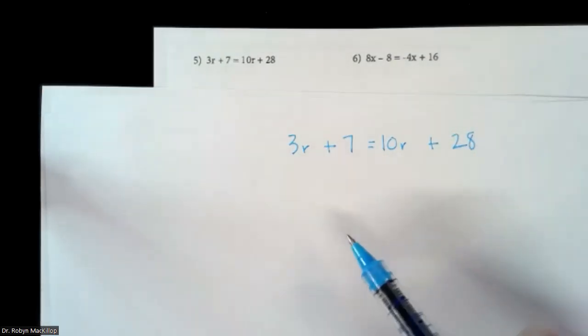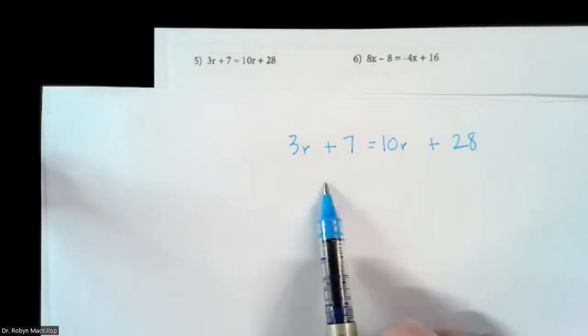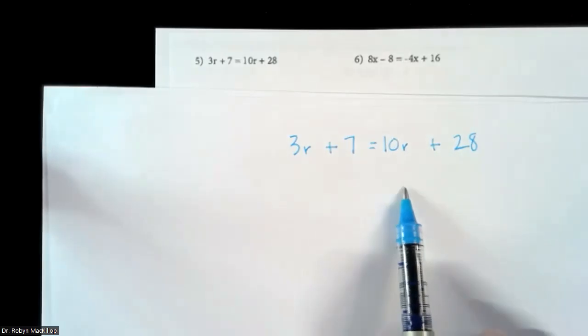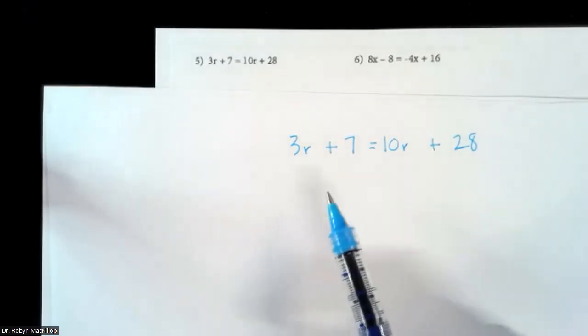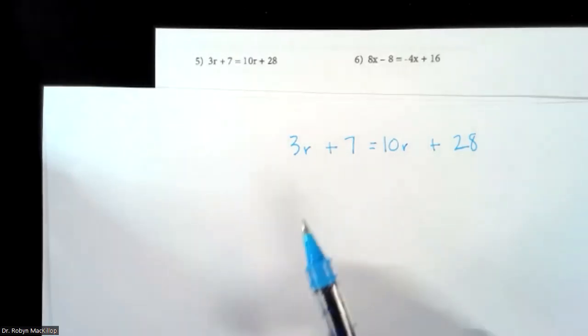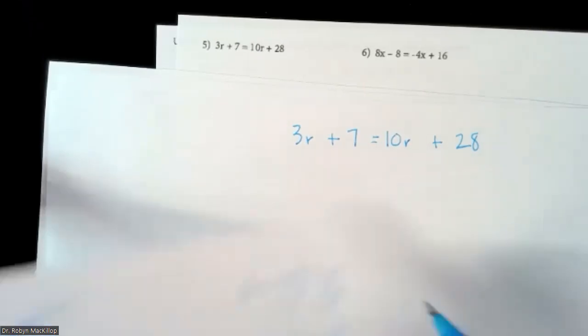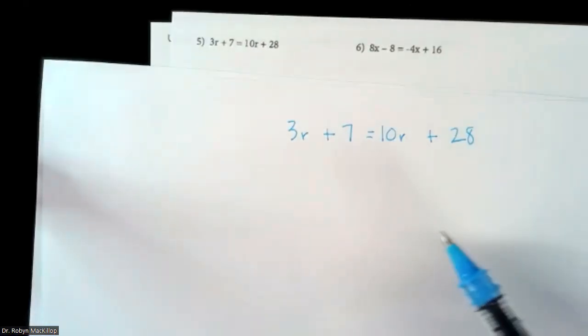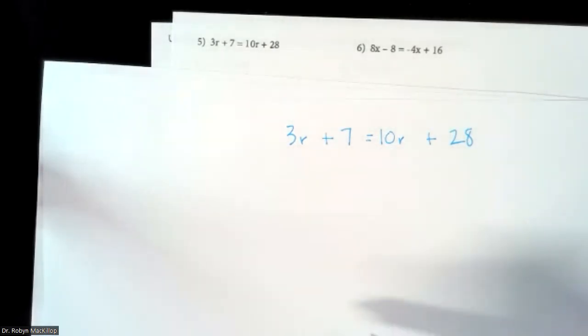So our goal is the same. We want to get it down to a variable on this side or whatever side of the equal sign and a number. One variable equals one number. This time, when we were looking at the two-step problems, we got rid of the extra number. We just happen to have an extra variable and an extra number. So we're going to do one at a time.